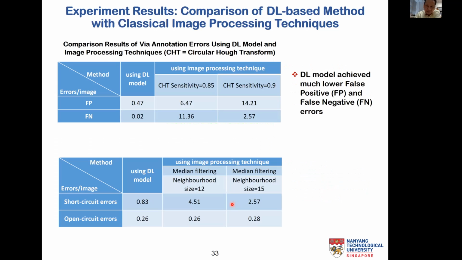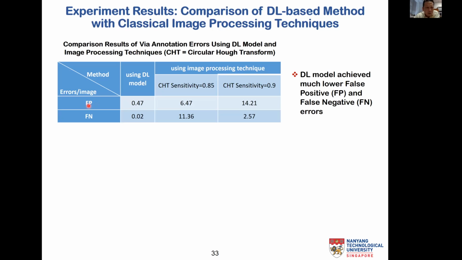Let us look at the result. The results show the false positive per image. One image could have a lot of VRs, a few tens of VRs, maybe 30, 50, and could be 100 also. Then your error is actually 0.47 false positives. False positive means that you pick up a VR, but it's not supposed to be a VR.